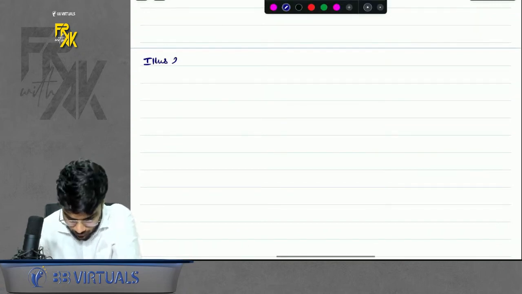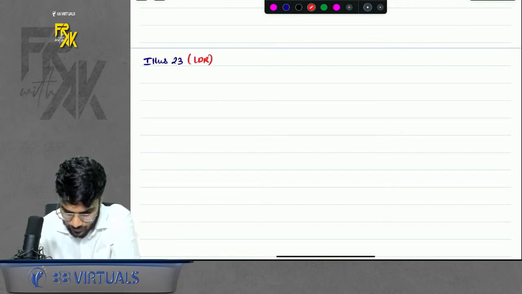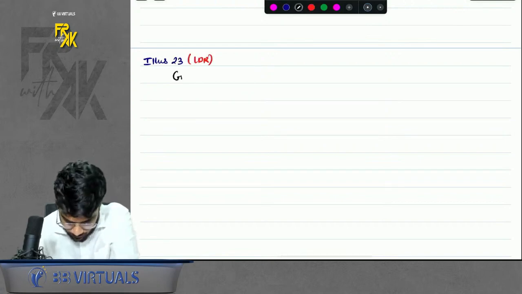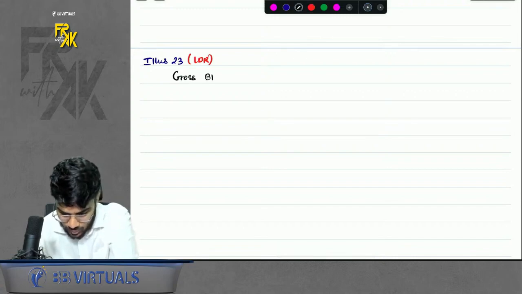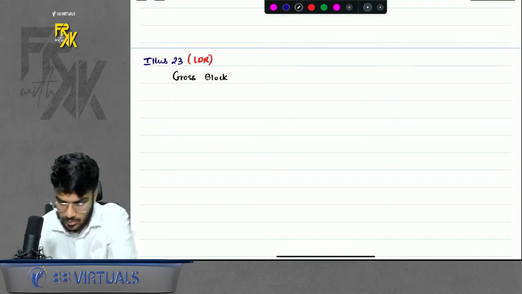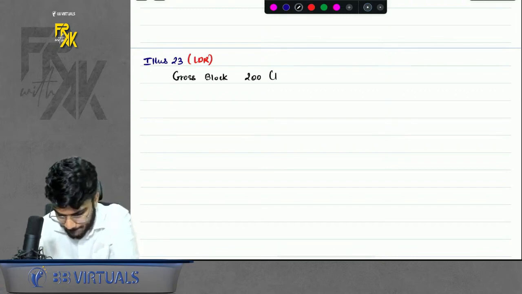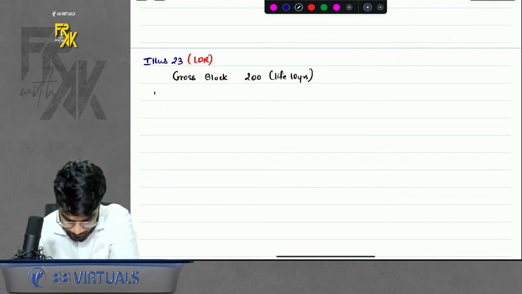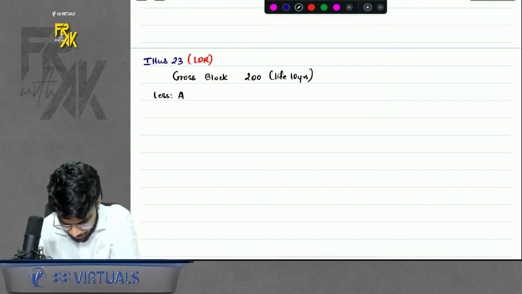Illustration 23, we can say it is LDR. First write gross block 200, life was 10 years, less accumulated depreciation.